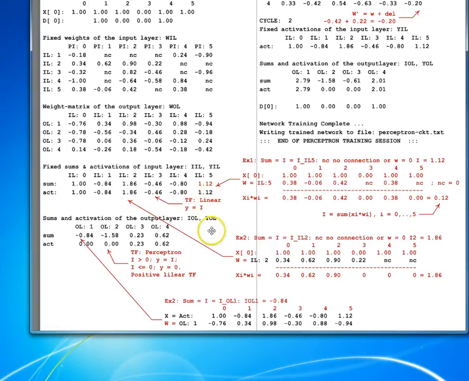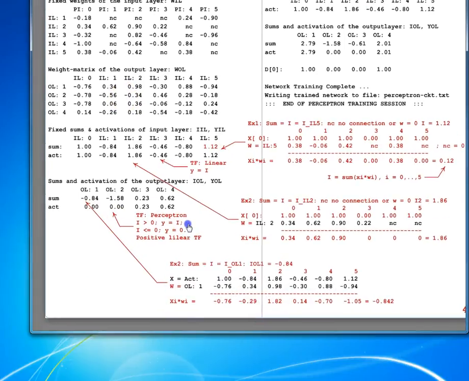Once you have these activations, now I can apply this input activation to the output layer to get the values of yn.